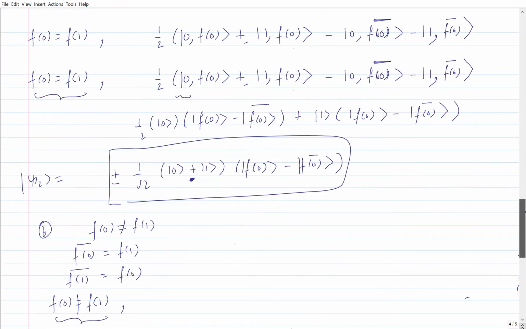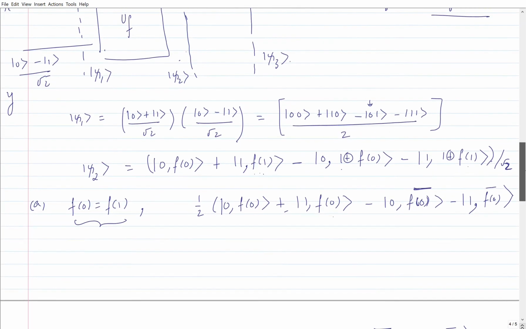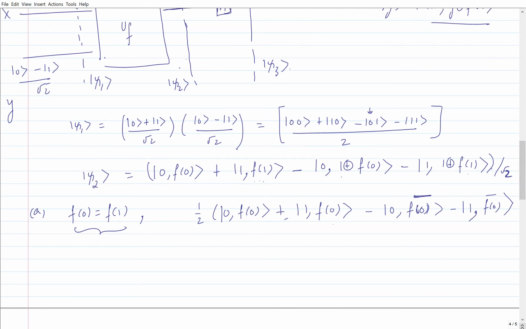The most generic form of the state, which was psi2 over here. So that's going to be this guy.